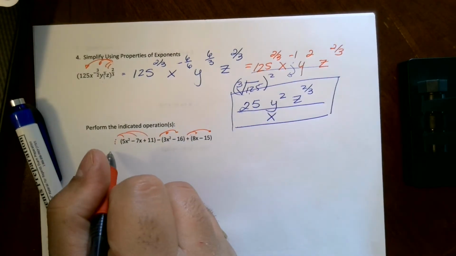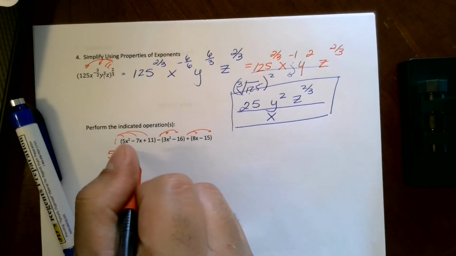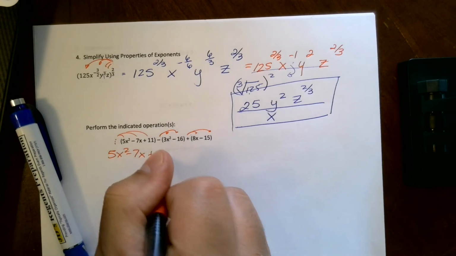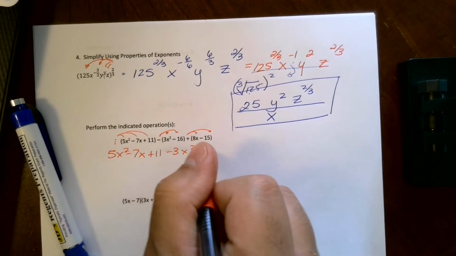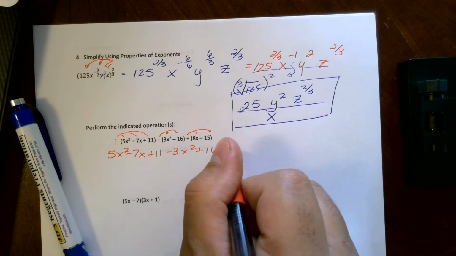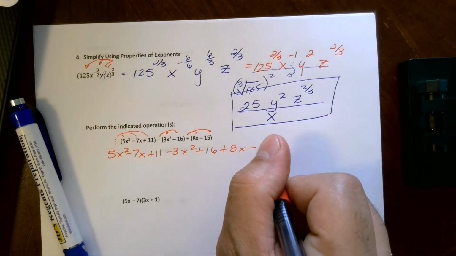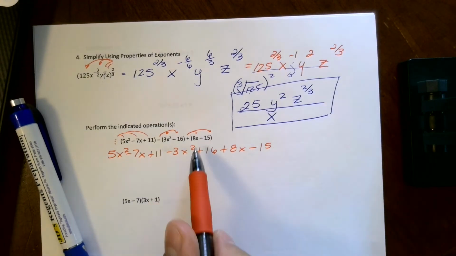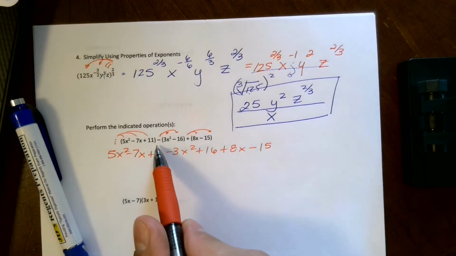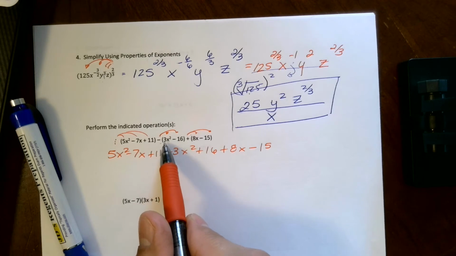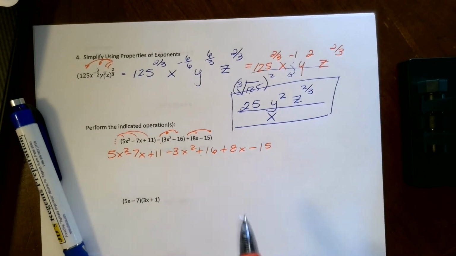So it looks like I'm going to have 5x squared minus 7x plus 11 minus 3x squared plus 16 plus 8x minus 15, right? So nothing changed except for when I distribute the negative, right? Negative times a positive is negative. Negative times a negative is a positive.